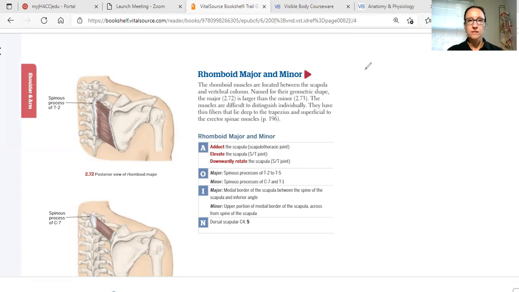The actions of rhomboids. We have adduction of the scapula, so that's bringing it toward the midline of the body, like pushing out your chest. What's another term for adduction when we are specifying the scapula? Got it yet?